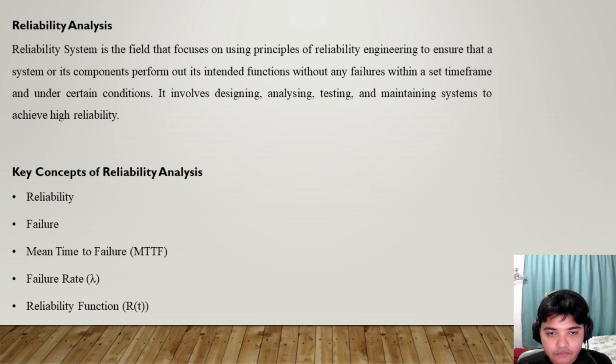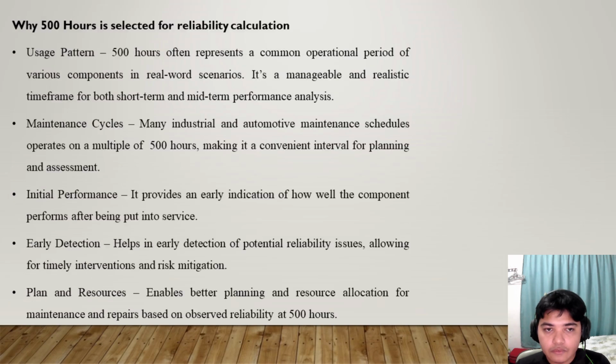Key concepts of reliability analysis include reliability, failure, mean time to failure, failure rate, and reliability function. We've chosen 500 hours. Why? It's because of usage patterns, which represent a common operational period, maintenance cycles, initial performance, early detection, and plan and resources.